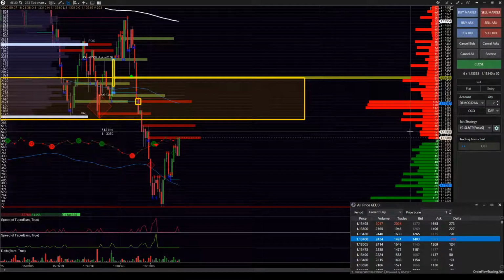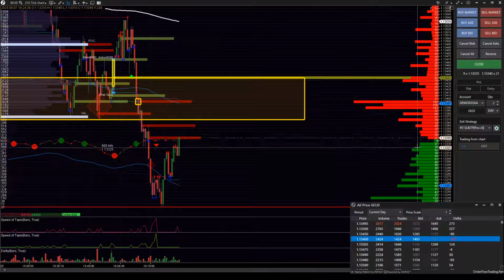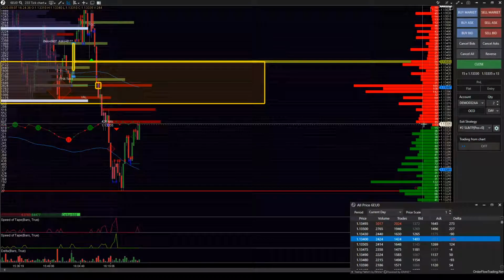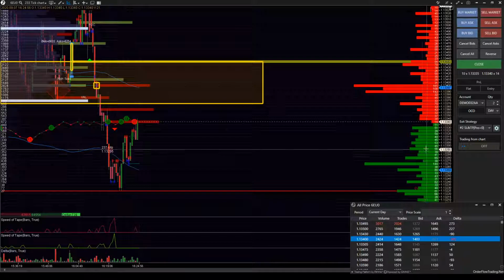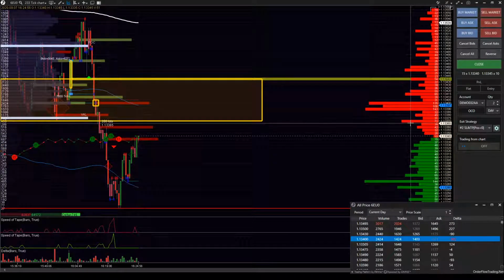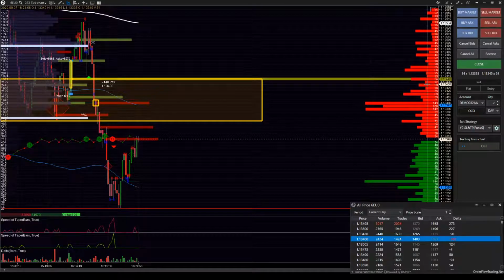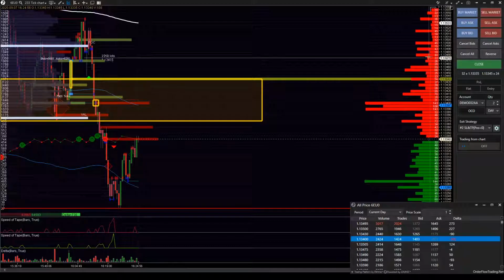So the buyers are the ones who will make the price move up, and the sellers are the ones who will make the price move on the downside. That's actually how the market works. If somebody takes all this liquidity, they will only move the price up.